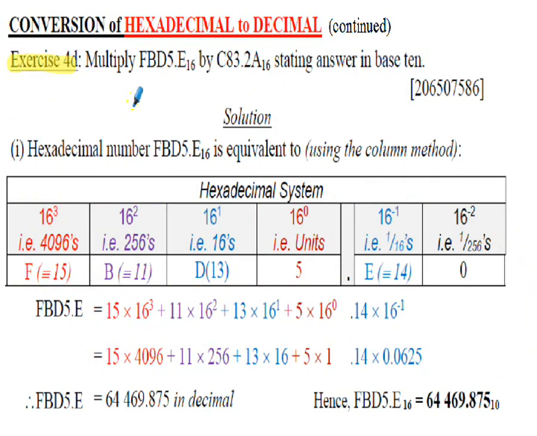Exercise 4D, we're asked to multiply two hexadecimal numbers, two base 16 numbers together, and give the answer in terms of base 10. First step, take the first hexadecimal number given in the question and convert that using the column header method into decimal. You should find the answer is given here for the first number.